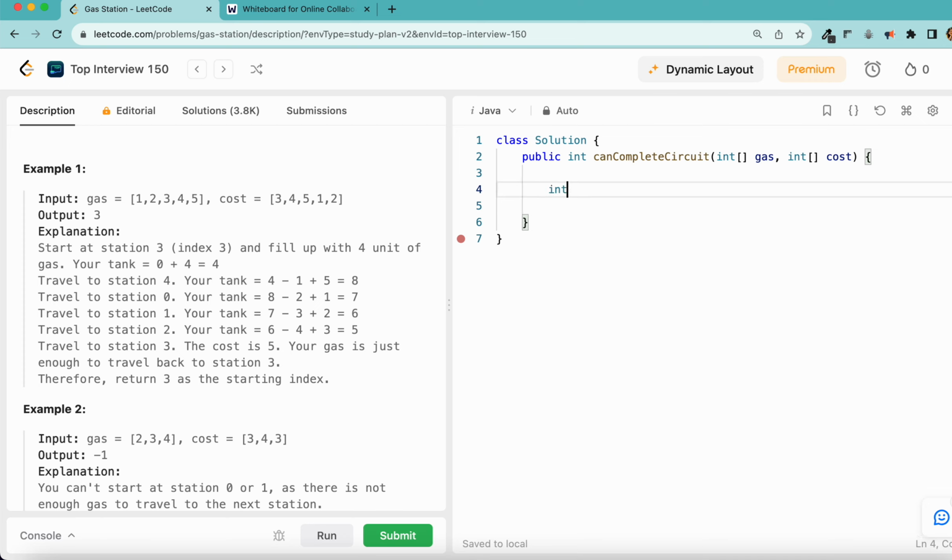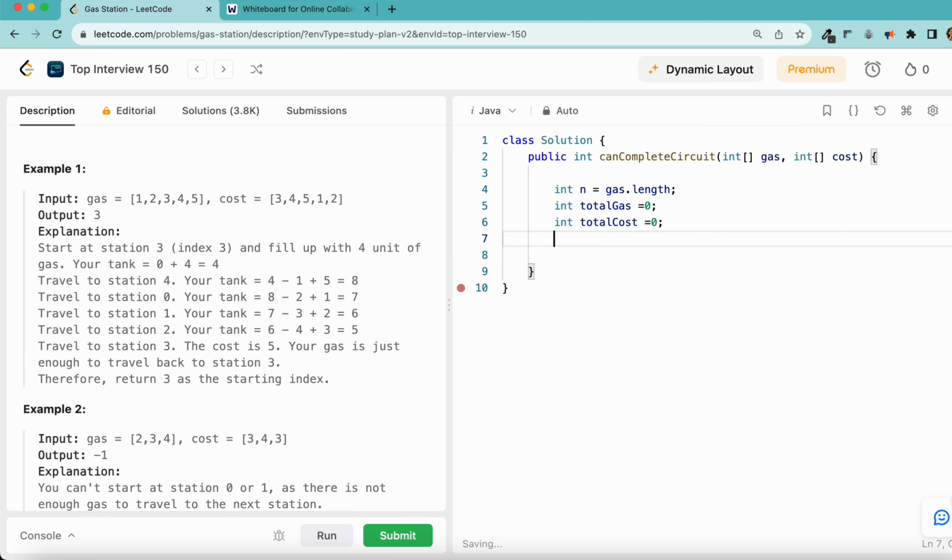So what we can do is first have a length n, since both will be equal, we can take any one length. Now we'll have 2 more variables: total gas, which is initially 0, and total cost, which is also initialized to 0.